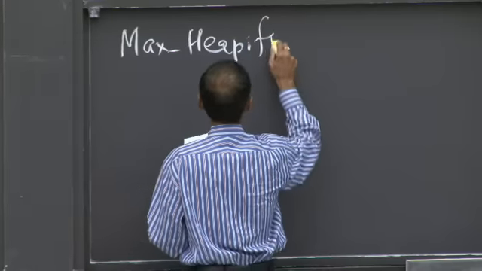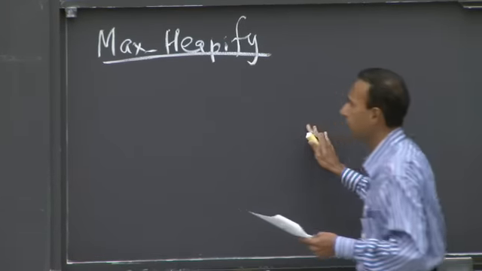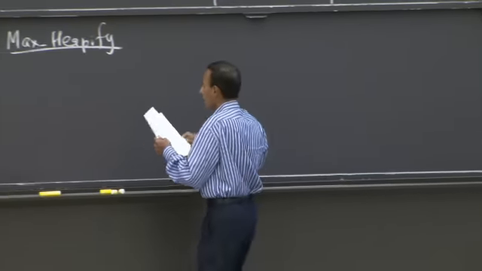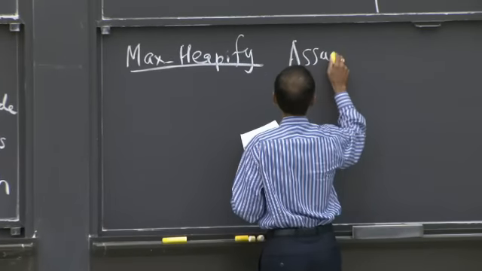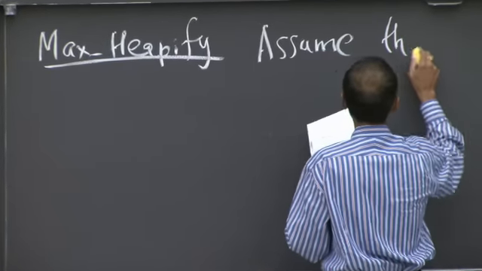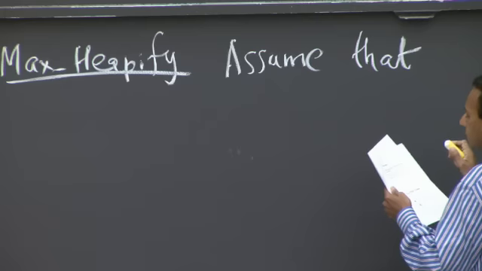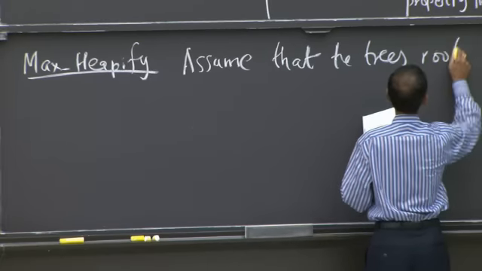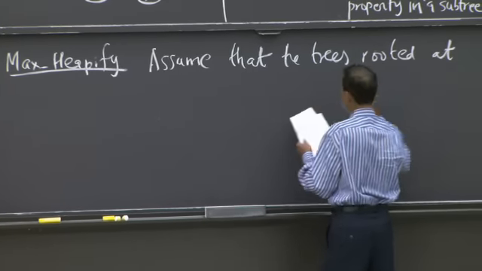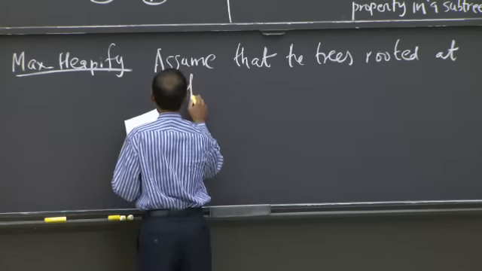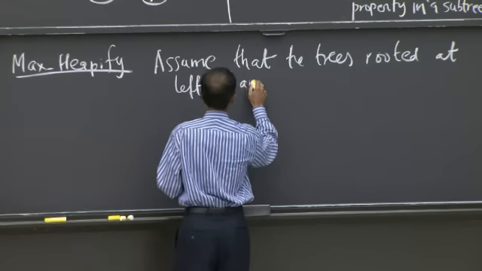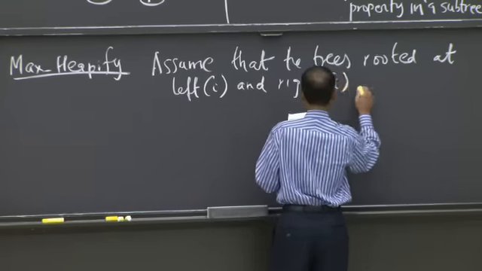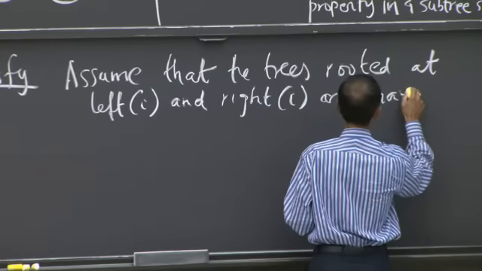I'm not going to write pseudocode for Max-heapify. I'll run through an example, and the pseudocode is in the notes. The big assumption, and you can think of this as a precondition for running Max-heapify, is that the trees rooted at left i and right i are max heaps.